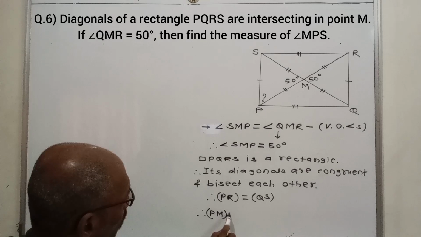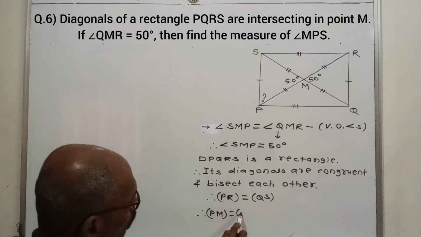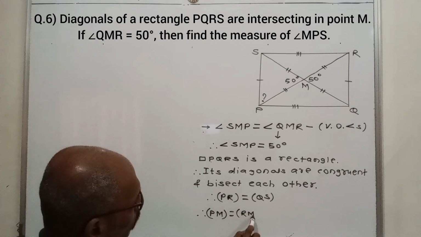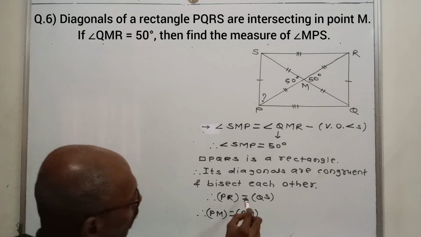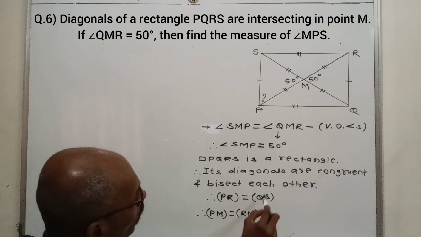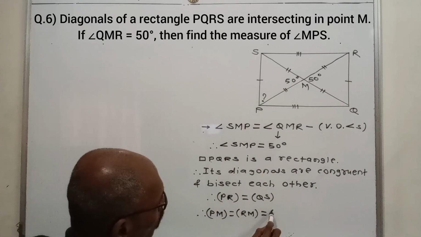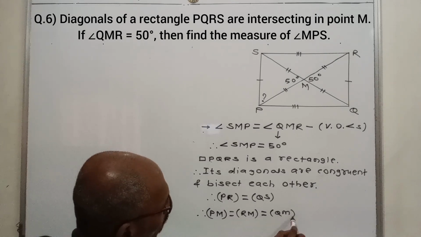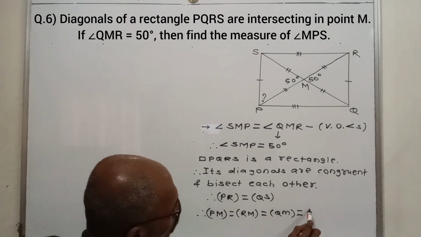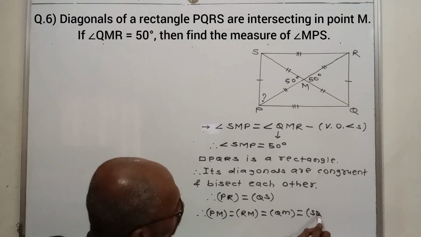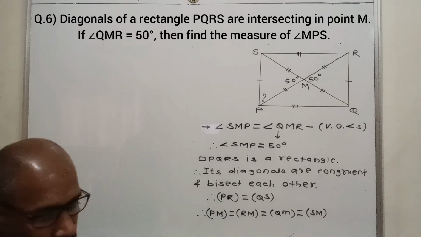PM is equal to RM. QS also divided into two equal parts. QM is equal to SM. Did you get it?